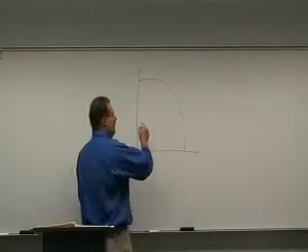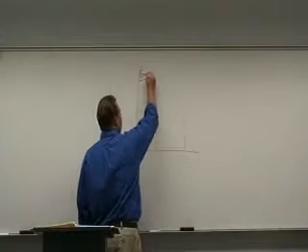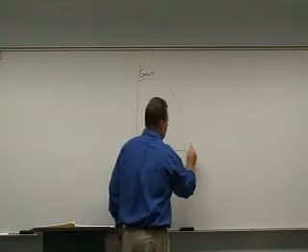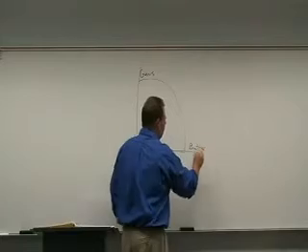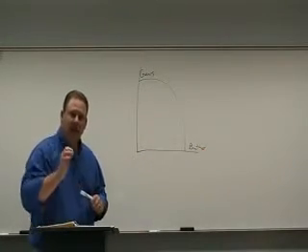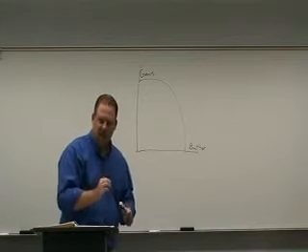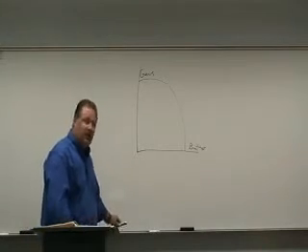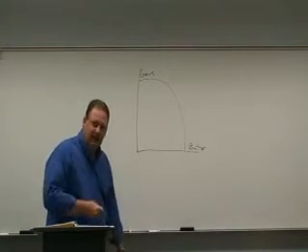The book uses the example of guns and butter. In their example, guns represent military goods. Butter represents civilian goods, and they're talking about the production possibilities curve of the United States government.